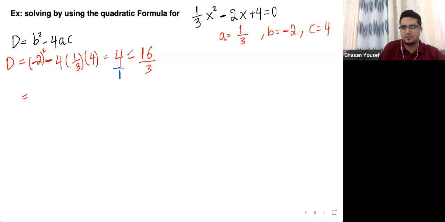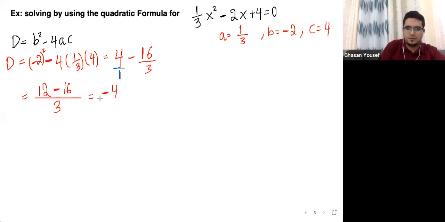But the easiest here is cross multiplying. 4 times 3 is 12, minus 16 times 1 is minus 16, over the denominators multiplied by each other, 3 times 1 is 3. So the final answer is 12 minus 16, which gives you minus 4 over 3.